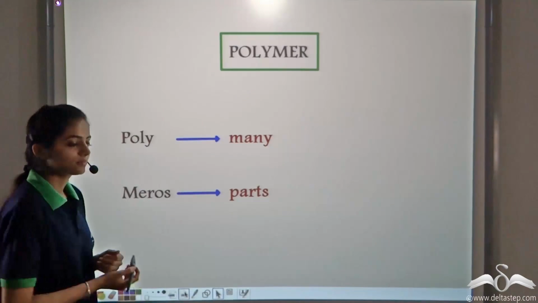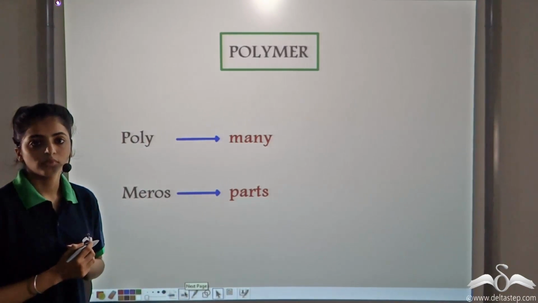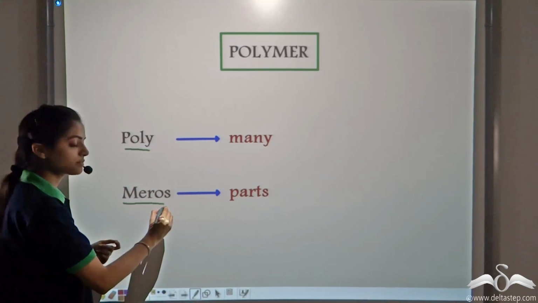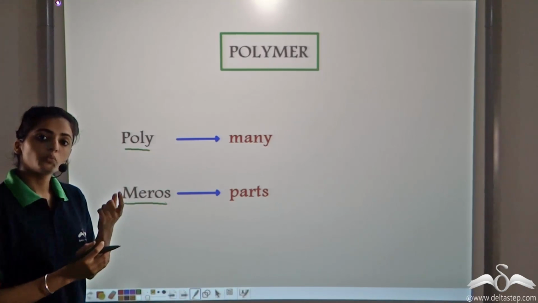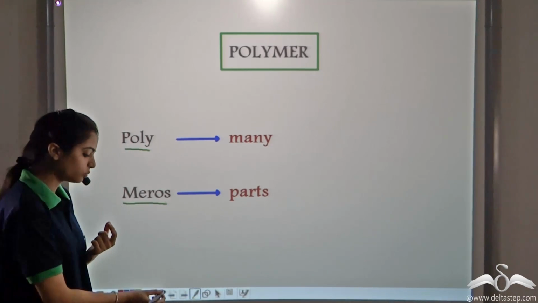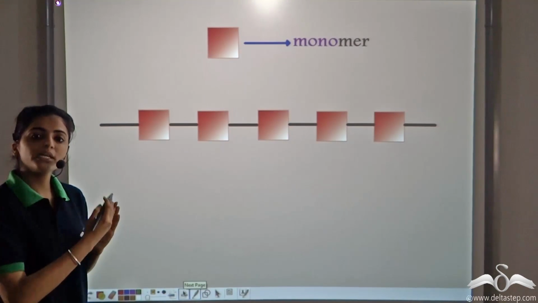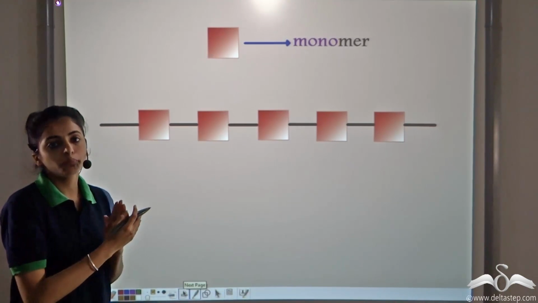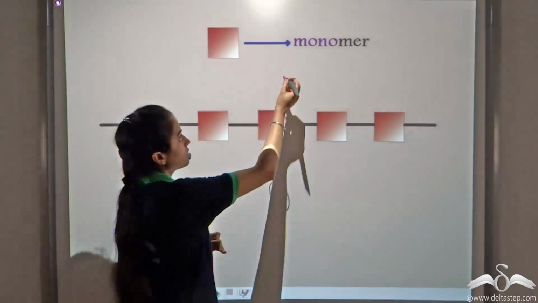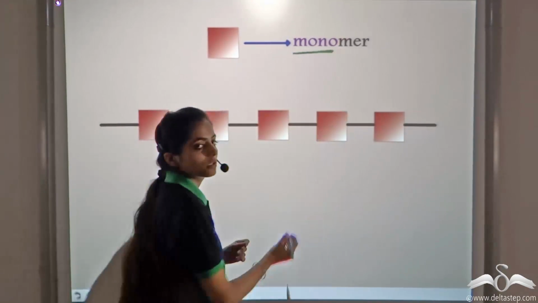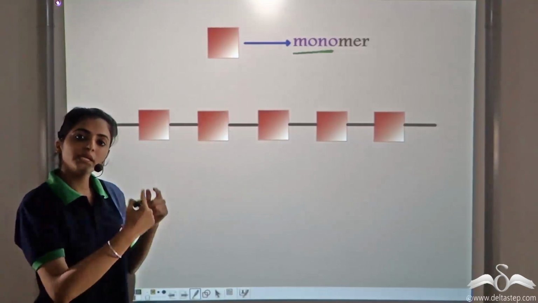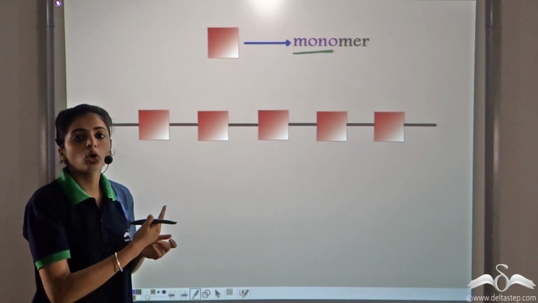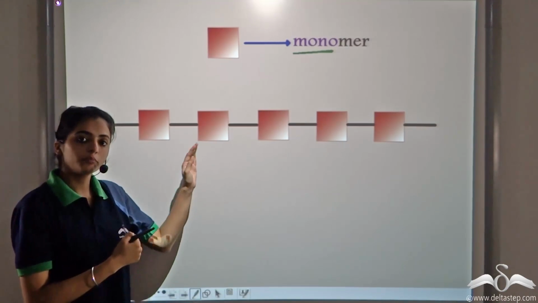Plastic is a polymer. Poly means many, meros means parts. So when one unit that we call monomer, mono means one, repeats itself again and again to form a long chain, we call that a polymer.